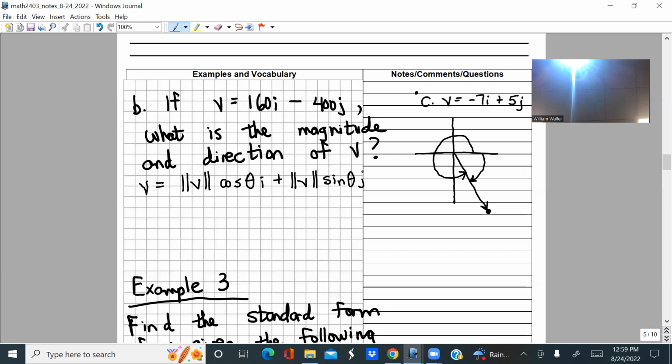And we're trying to figure out the two unknowns in this equation, which are the magnitude and the direction.